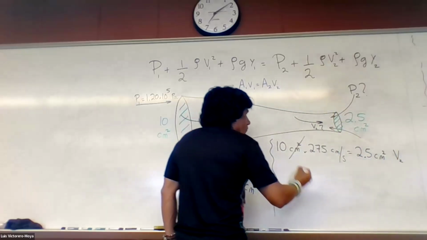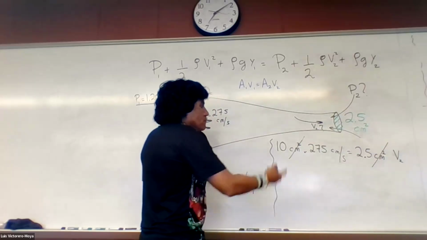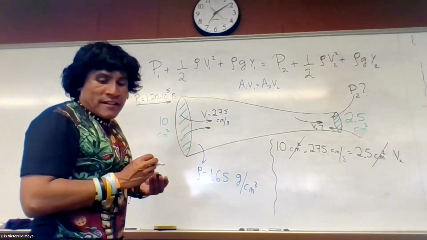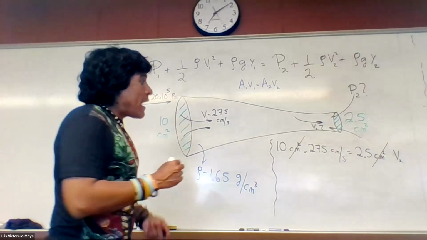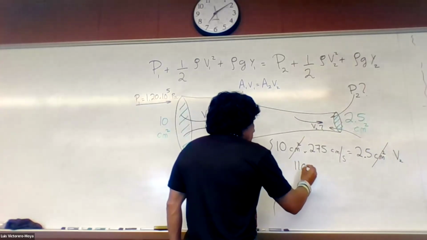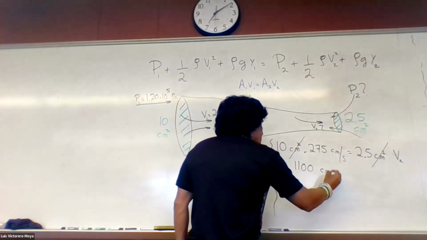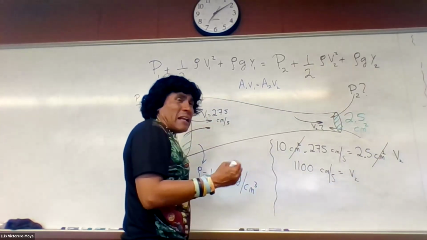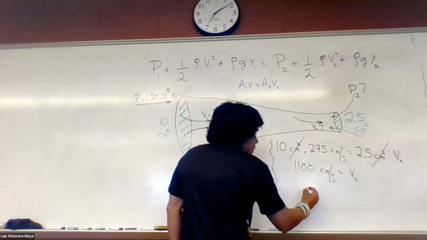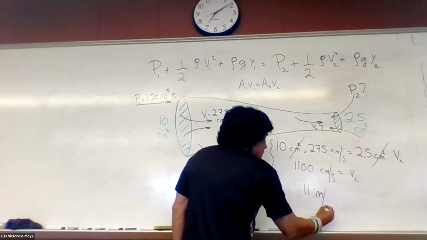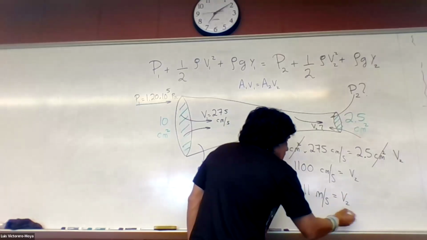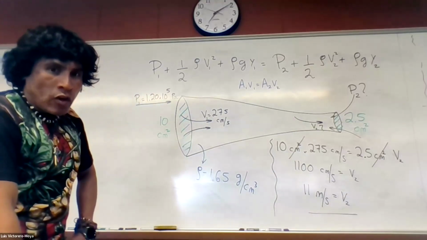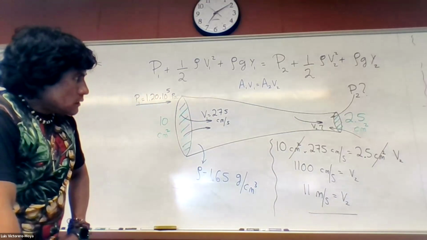So 10 over 2.5 is 4. 4 times 275 is 1100 centimeters per second. Do I want to leave it like that? Maybe not. So 11 meters per second is my V2. Easy. That's how you find the second velocity. All right?